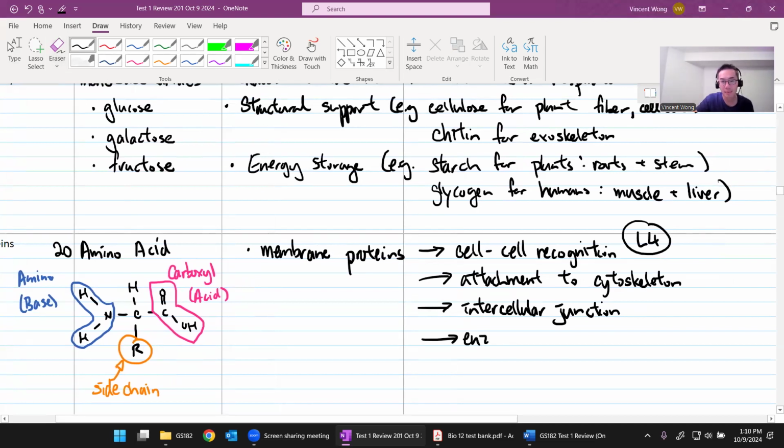They have enzymatic activity. Transport, yes. And cell signaling.